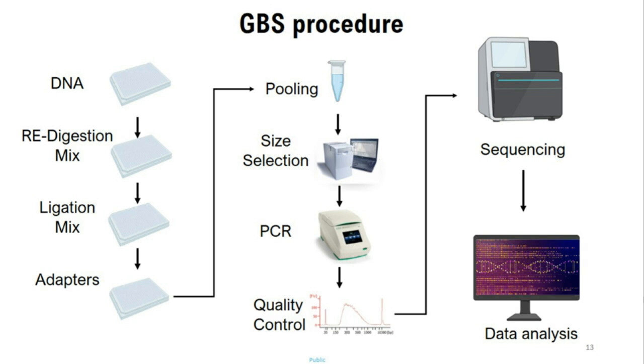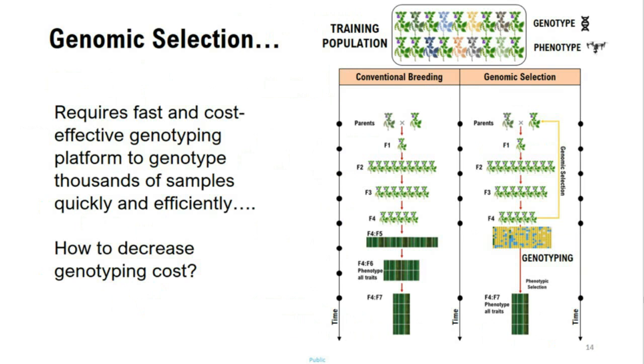Here I'm trying to very briefly present what we mean by genomic selection. But before that, I'll explain what we do in conventional breeding, on the left side of the figure. We cross two parents. Parents normally generate a population. Then we select them for multiple generations.